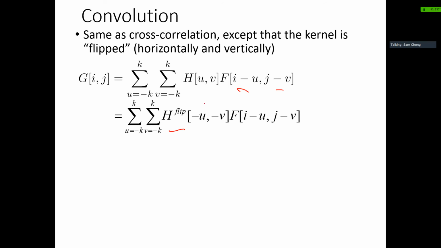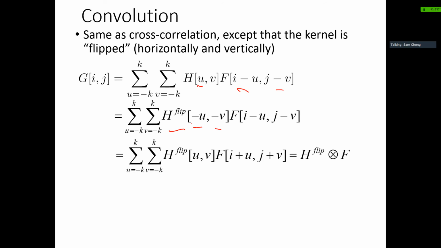Then the index uv becomes minus u and minus v. Instead of summing from minus k to k, I just change a variable: I call minus u as u prime, and minus v as v prime. So this is just the same as here. Therefore, convolution is just equal to h flip correlated with f. It's nothing really mysterious.